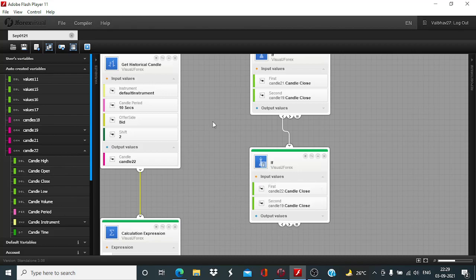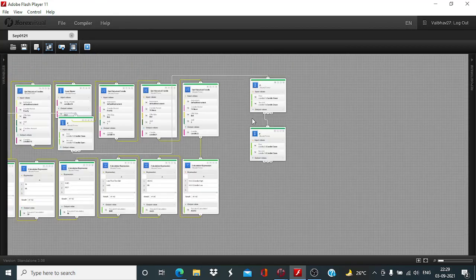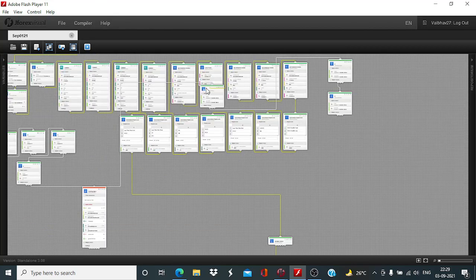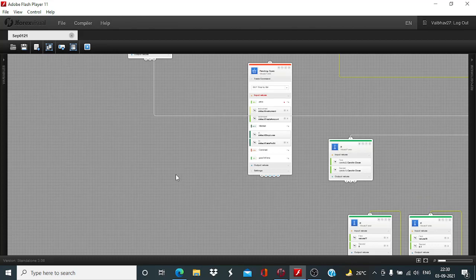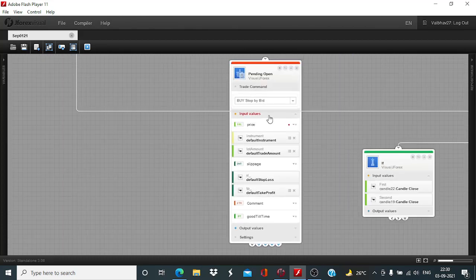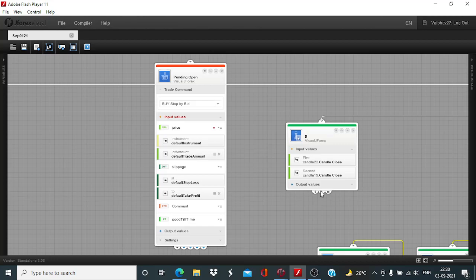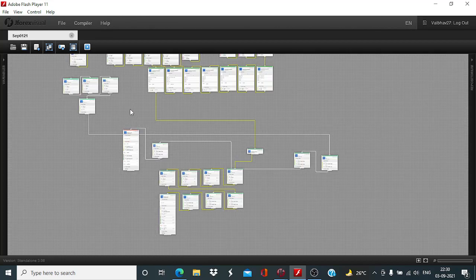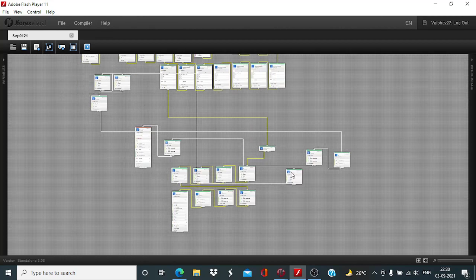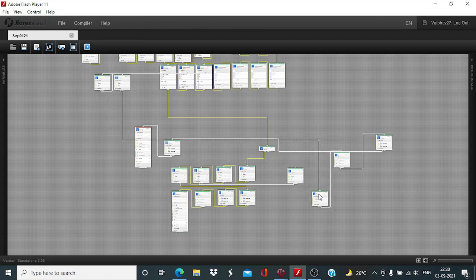It should have been greater, and after that comes the trade command block. First input greater than second input. Let me arrange these blocks before we define the input parameters for the trade command block.